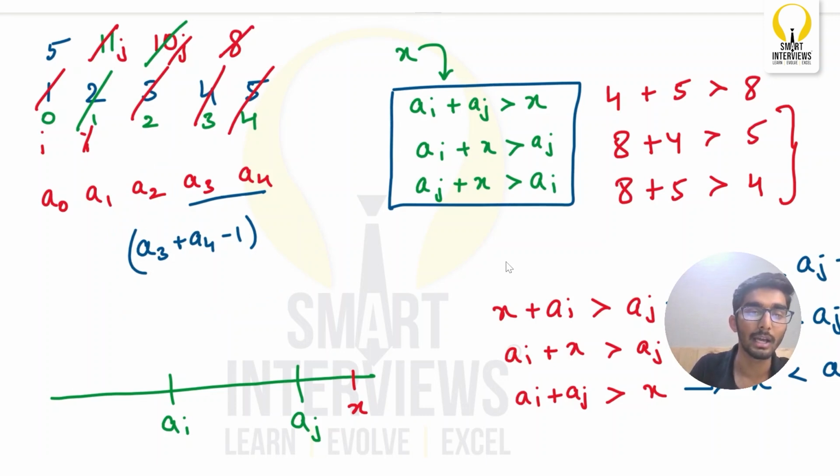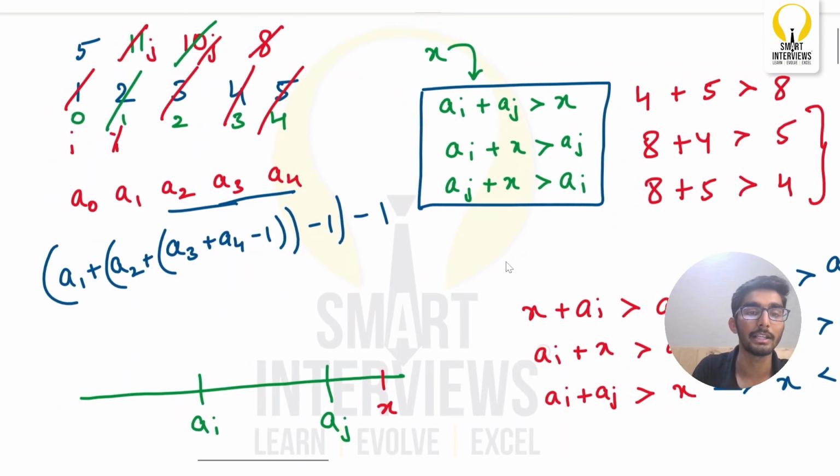So I need to add A2 to this. I need to subtract 1 from this. Done till here. Now I need to pick this and subtract 1 again. And I need to pick A0. Subtract 1 again.